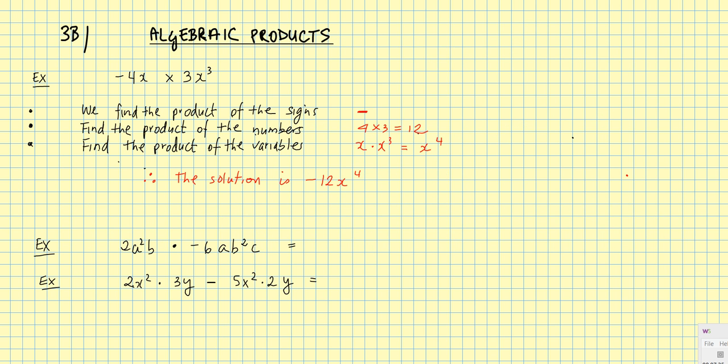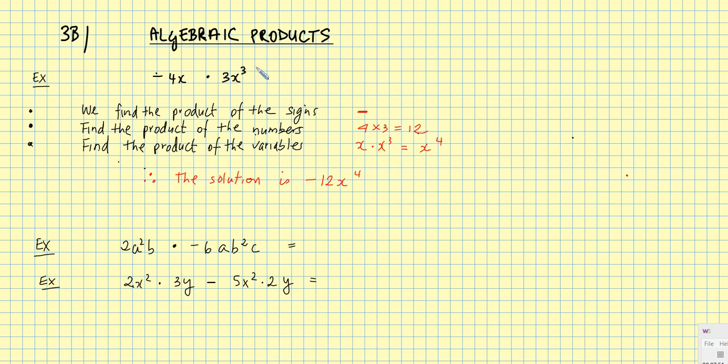All right, if we go into section 3b on algebraic products, we're moving away from adding and subtracting like terms, but we are looking at multiplication. So if I were doing negative 4x multiplied by 3x cubed, what I'm going to do is multiply the coefficients together.